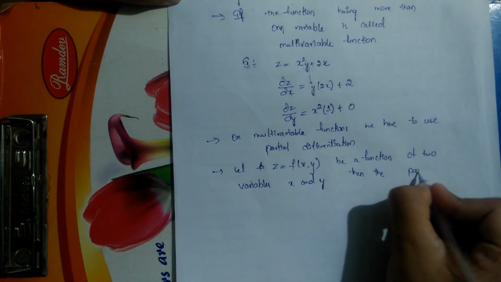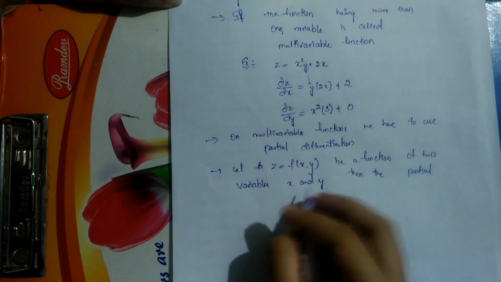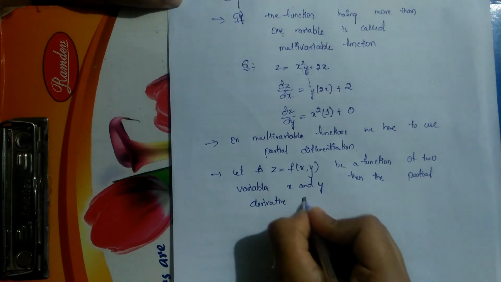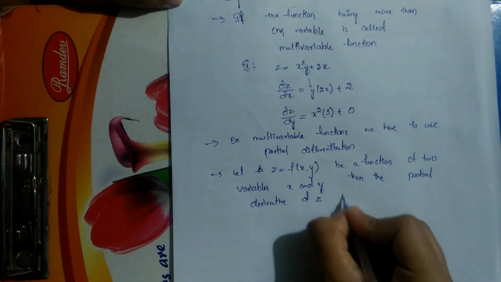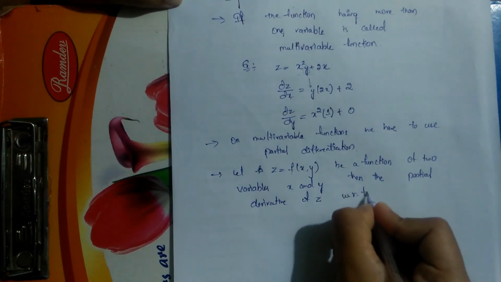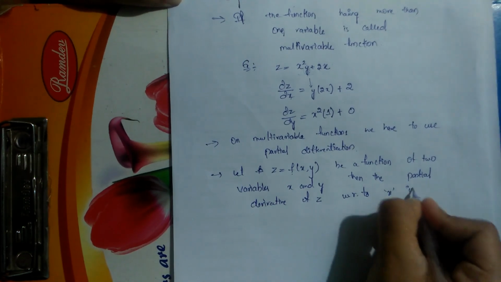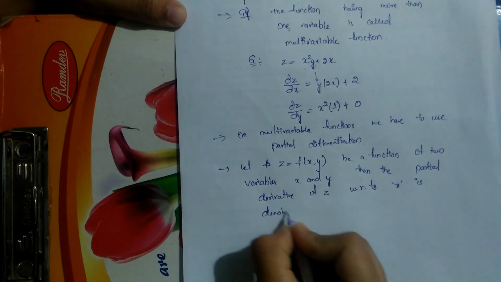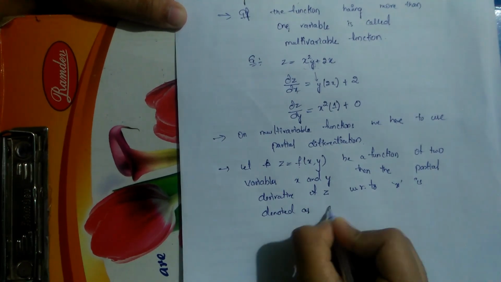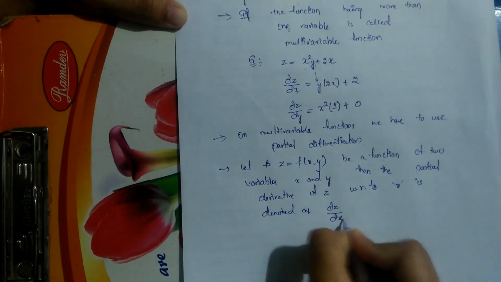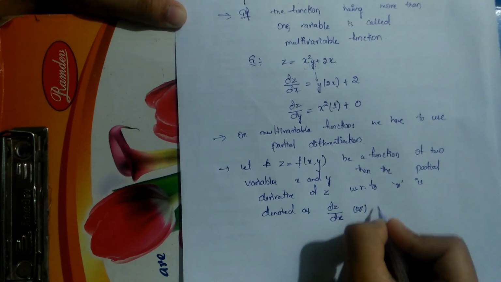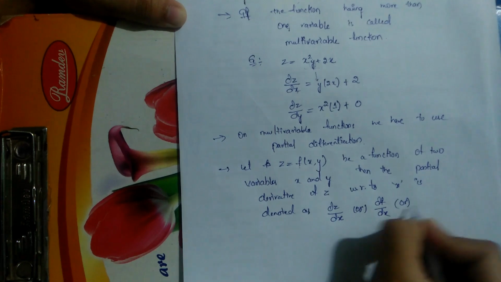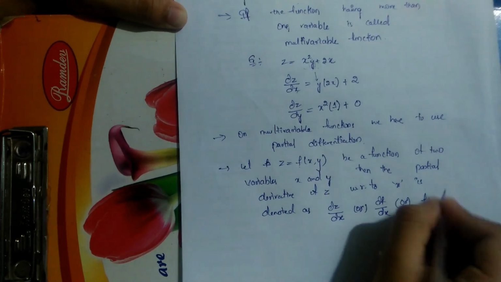Then the partial differentiation or partial derivative of z with respect to x is denoted as dou z by dou x, or you can even write it as dou f by dou x, or f of x.